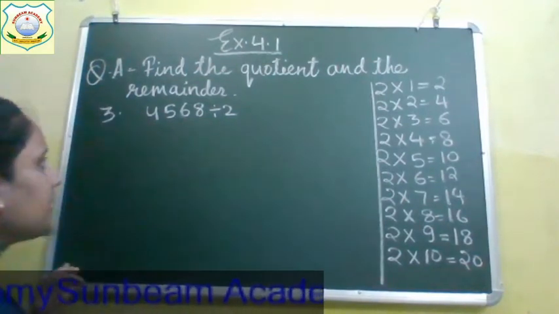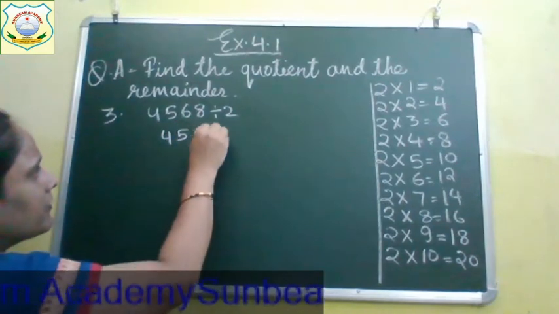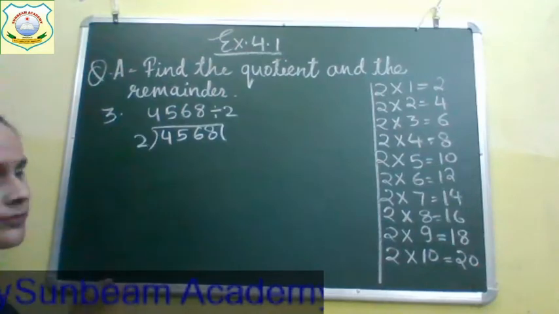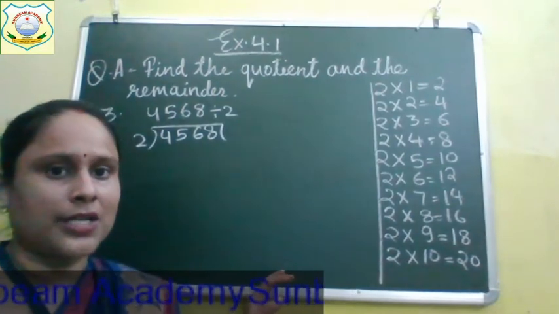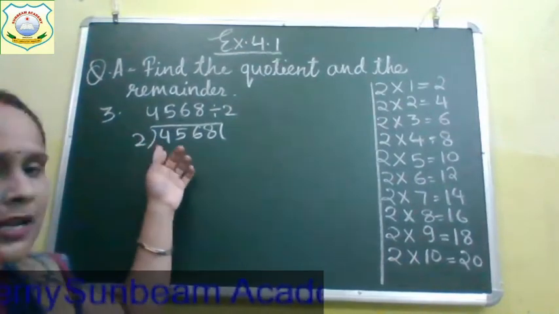Now children, see. The number given to us for division is 4568 to be divided by 2. This is the division question. First we will look at the first number.